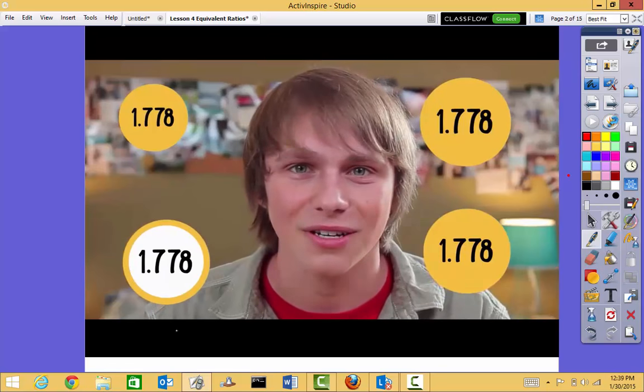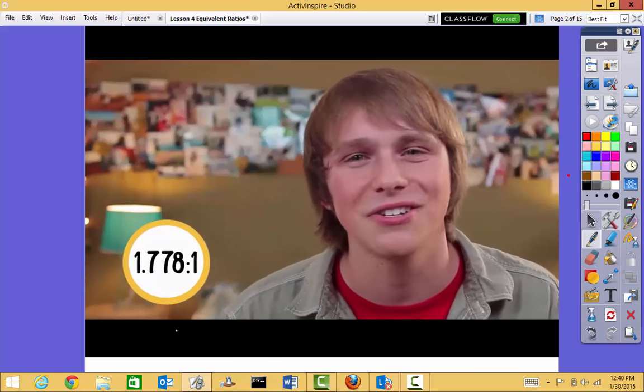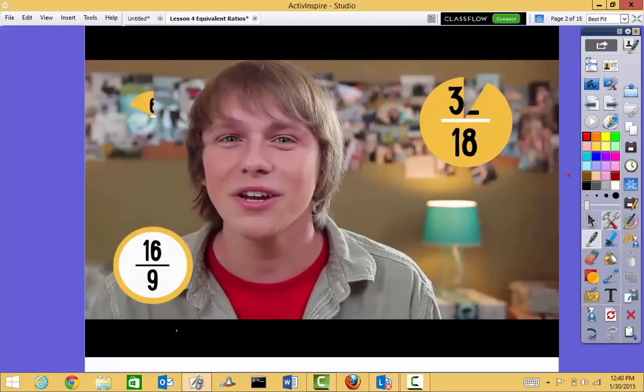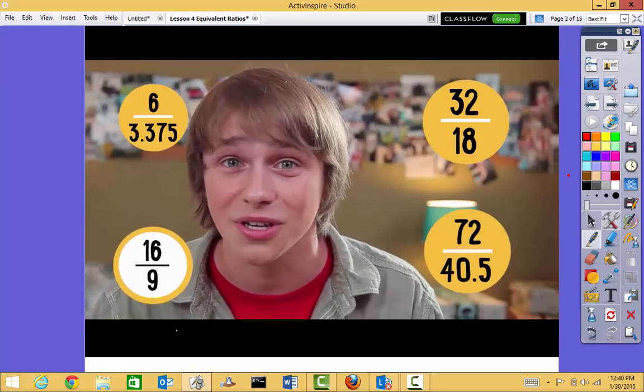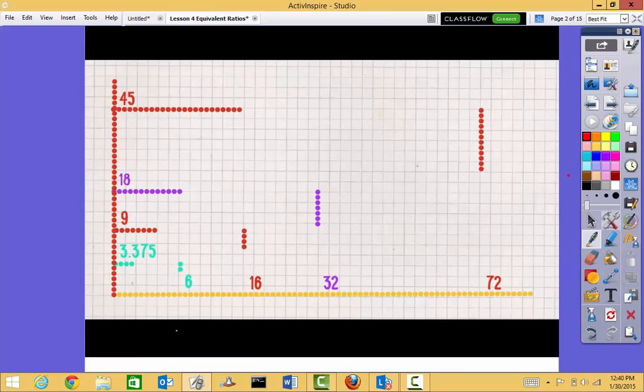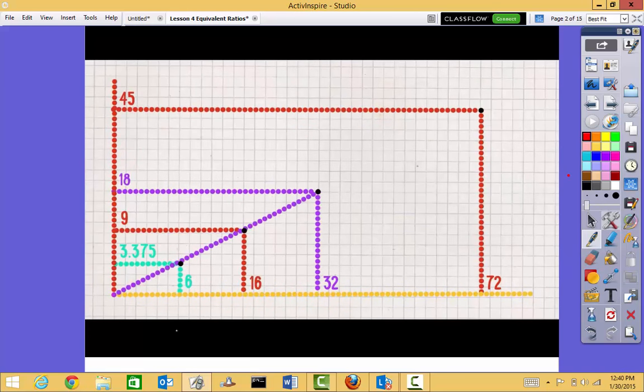And that's just rounded. This is the ratio of all HD TV screens, but it's more commonly expressed by 16 by 9. See, ratios don't have to be the same numbers for them to equal the same thing. It's a comparison. One other way to check to see if you have an equal ratio is plot the points on the graph. If it forms one straight line, then you have yourself an equal ratio.